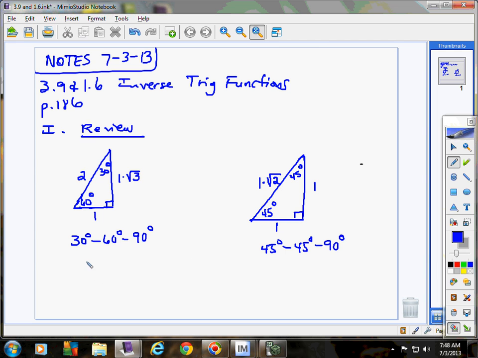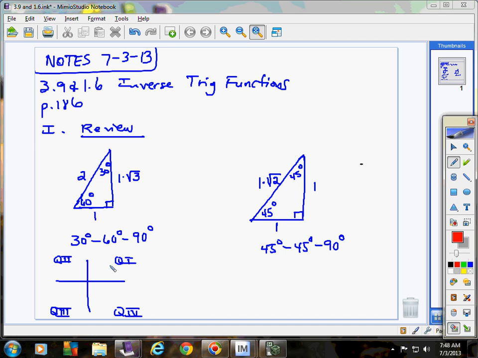Also, the quadrants where the trig functions are positive. This is quadrant 1, quadrant 2. We go counterclockwise, don't we? Q3 and Q4. And one easy way to remember it is all students take calculus.